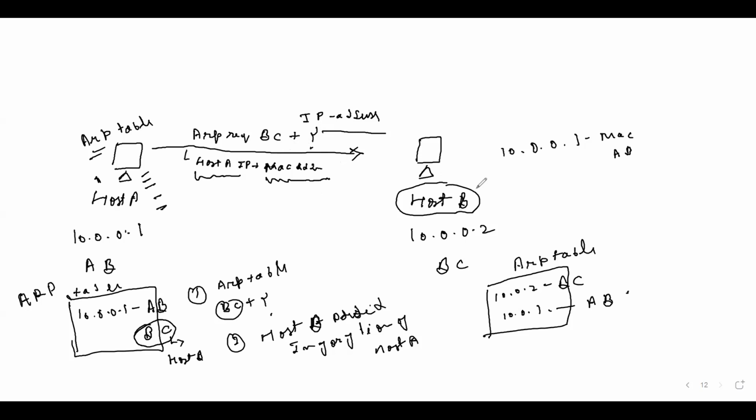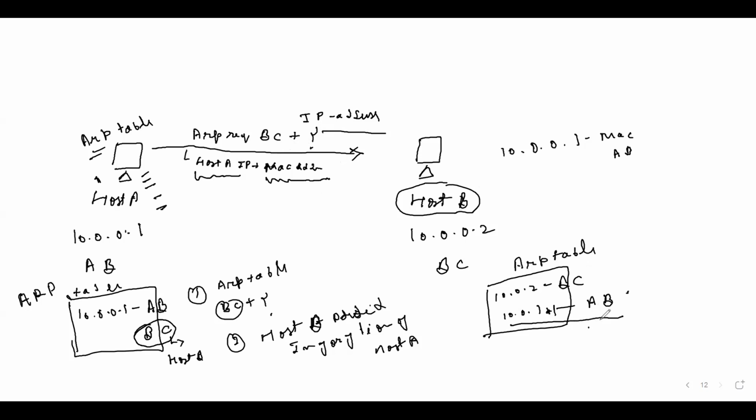Host B gets the request. Okay, someone wants to know my IP address, and this is the information of that device. So he added it in the ARP table.